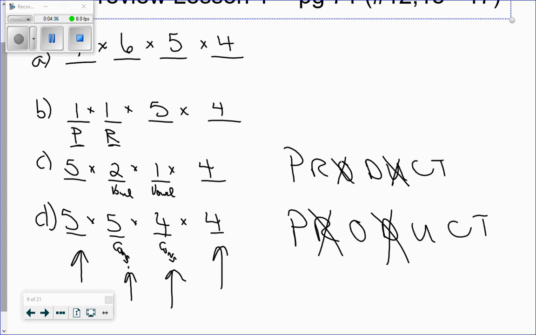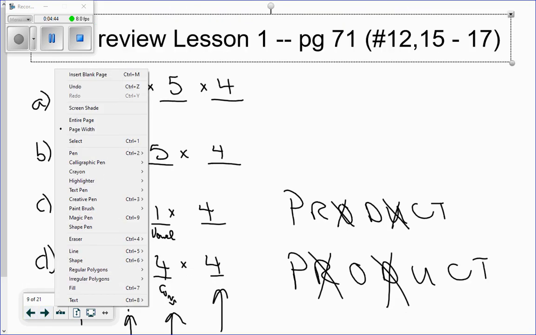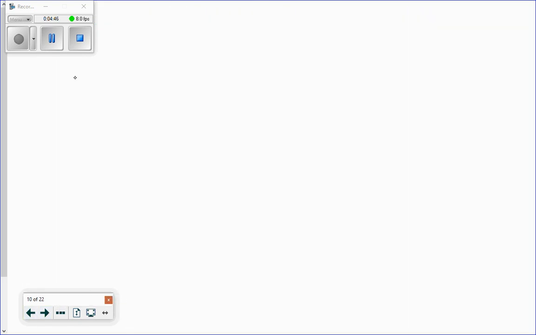Okay, so let's look at number 15, 16, and 17. These are just like the multiple choice numeric response, so it's similar to what you're going to get on the diploma. On 15, it says, in the final of a 100-meter race, there are 8 competitors. The number of possible ways in which the gold, silver, and bronze medals can be awarded.